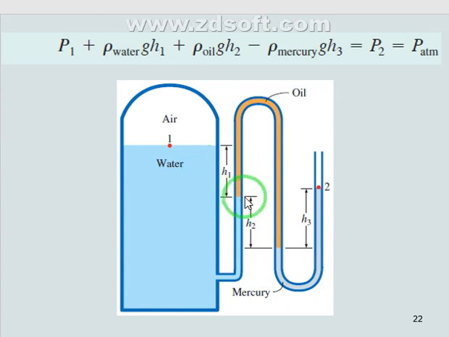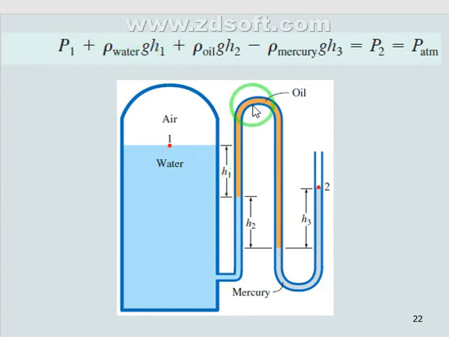So this is the level of the oil. The difference in level between water and oil is h1. For sure I use positive because it's a drop. So P1 plus rho water g h1.